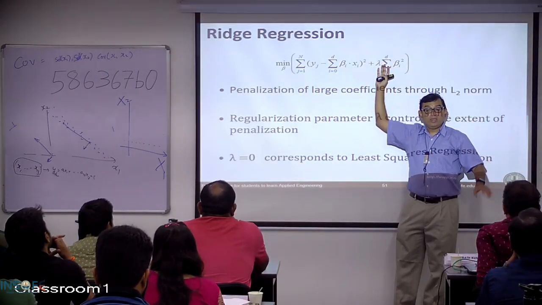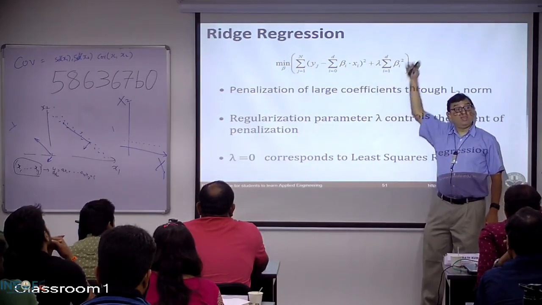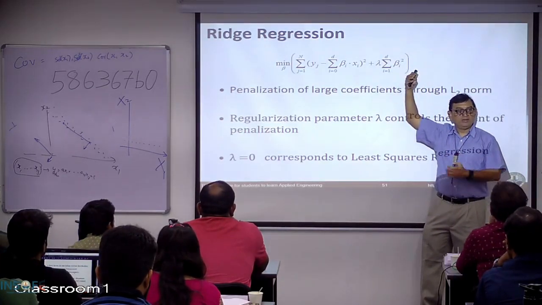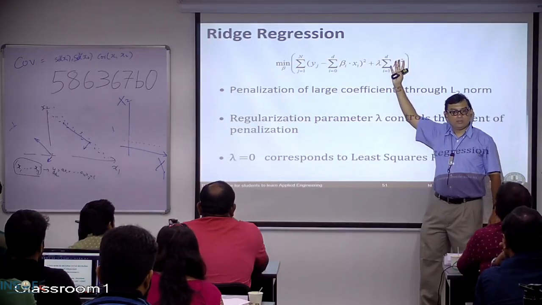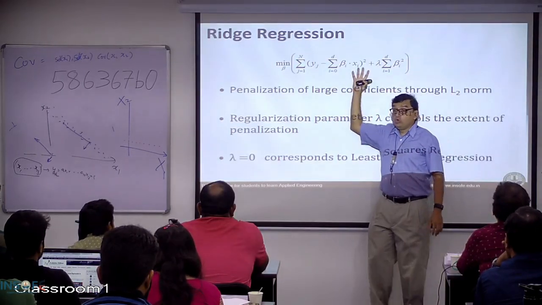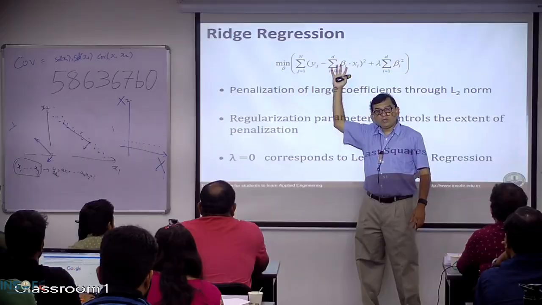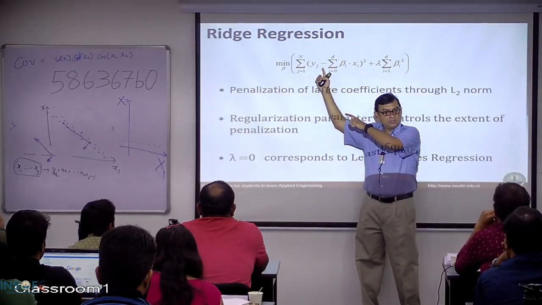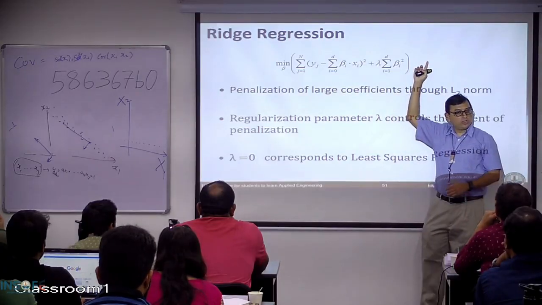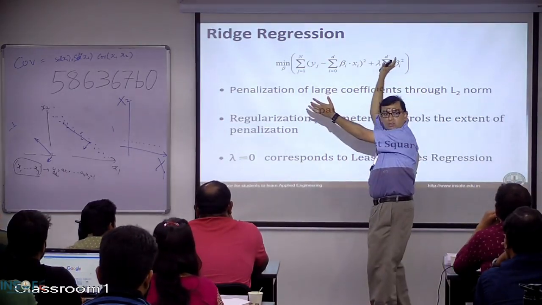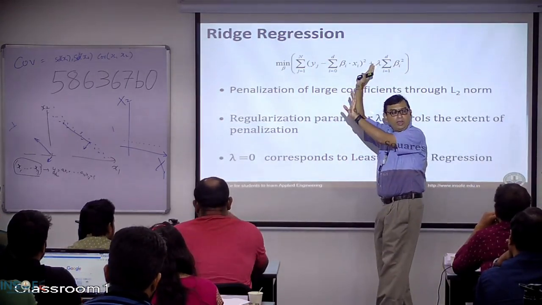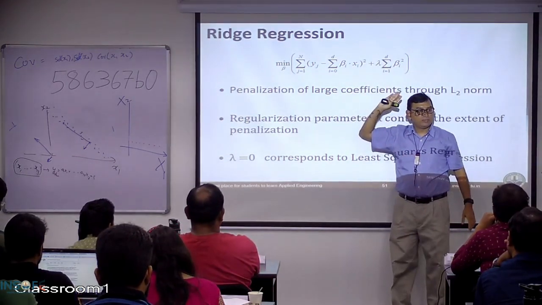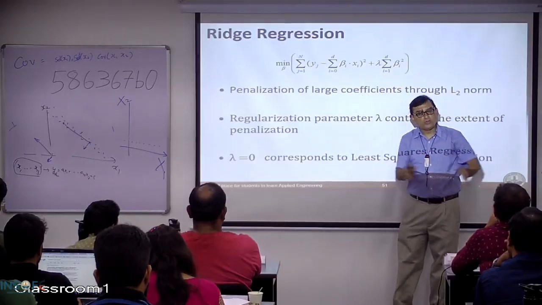If I set lambda to be a really large value, 1 trillion, then no matter how hard the algorithm tries to fit this, the size of the coefficient will overwhelm this entire thing. So you know what the algorithm will do? Set all betas to be 0. That's the only way to minimize this thing. And it will set all coefficients to be 0.